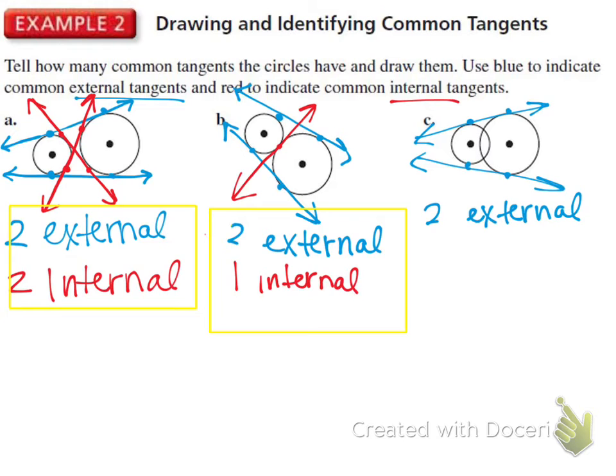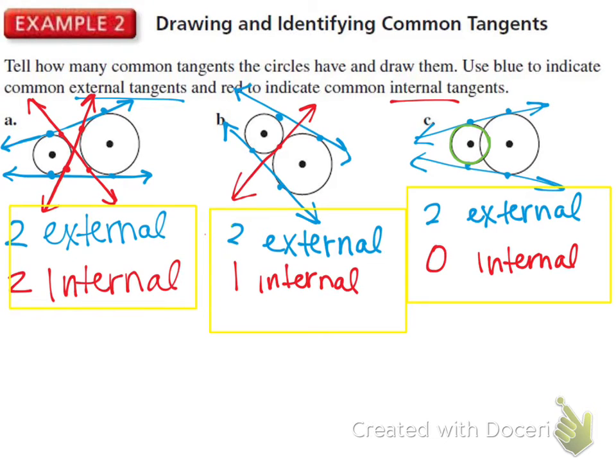Zero. I'll show you why. Remember that a tangent only touches a circle once. If I wanted a tangent to touch each circle only once and be between the two circles, there's no between the two circles.